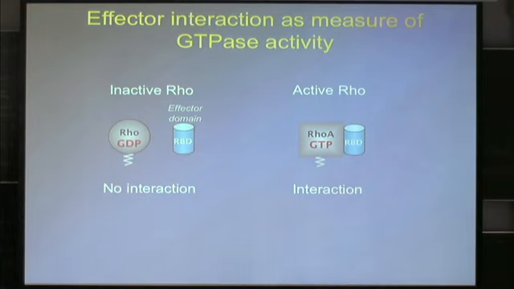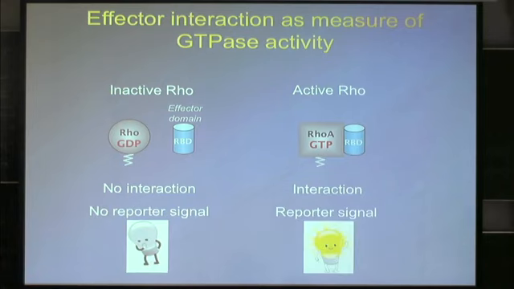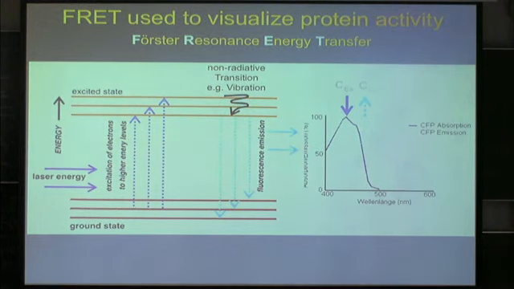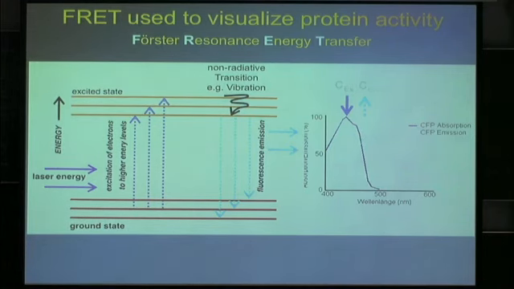But what we also need is a reporter signal that is sensitive to this interaction, right? And one very much used reporter signal is the so-called Förster resonance energy transfer, FRET, which describes the non-radiative energy transfer between two fluorophores.